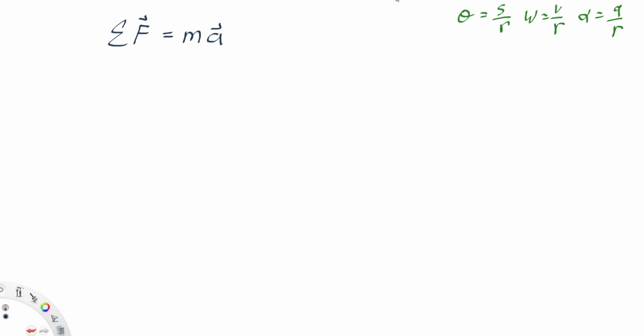So if we are engaging in circular motion, there's our radius. Now we have the sum of F cross R equals M A cross R.